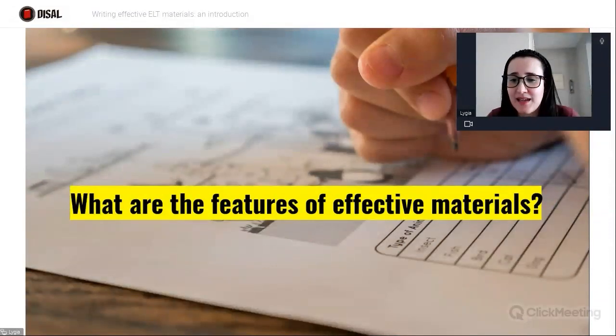Carolina has mentioned personalization. Interesting. Adilia, they have to be authentic. Teresa is also talking about authenticity here. They contain authentic language, all right? So maybe this is a feature of effective materials.